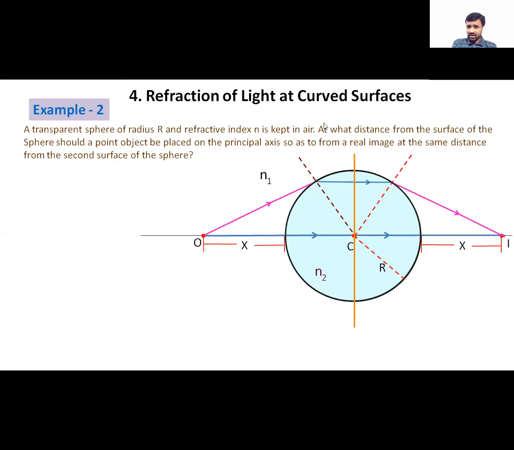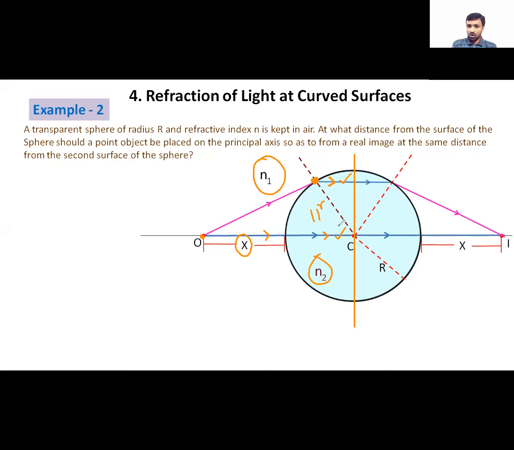So I am considering the refractive index of the first medium is N1 and the refractive index of the second medium is N2. Here the refraction is taken at this point, right? The object is located at this distance. For the first refraction, the light rays after refraction from the same point O are parallel to each other. See these two.